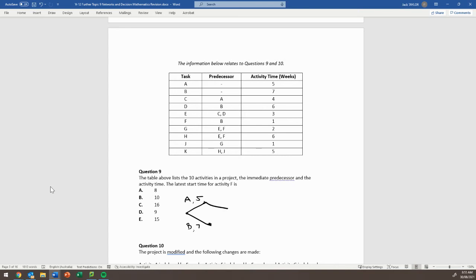C comes off A, and D comes off B. F also comes off of B, so I'm just going to go around.